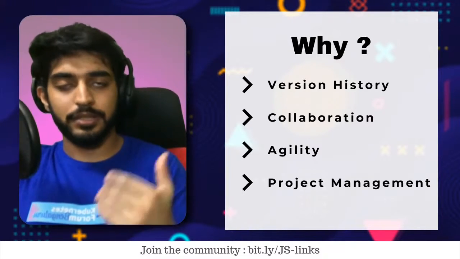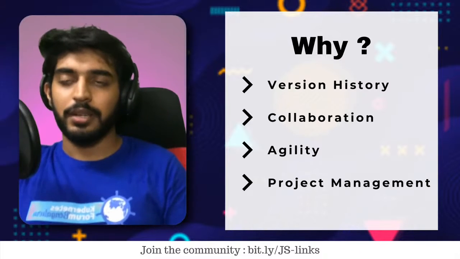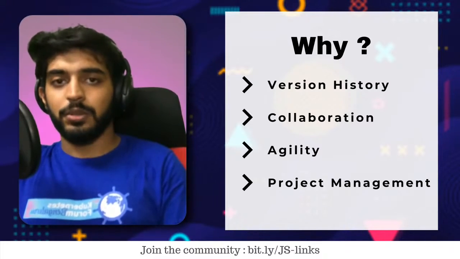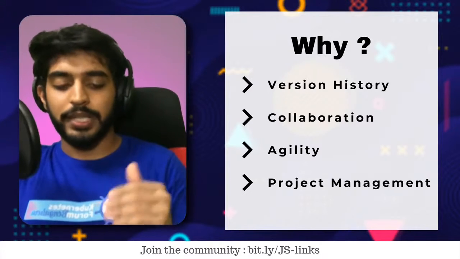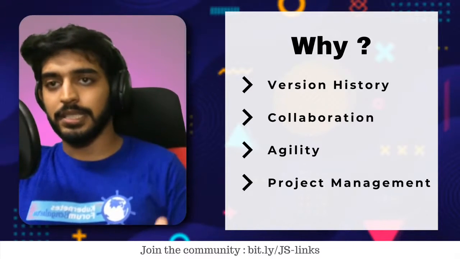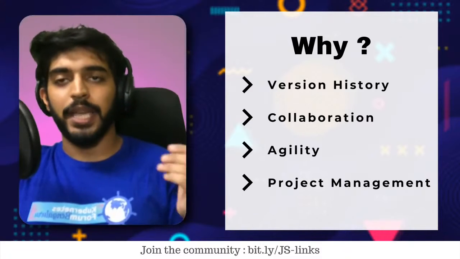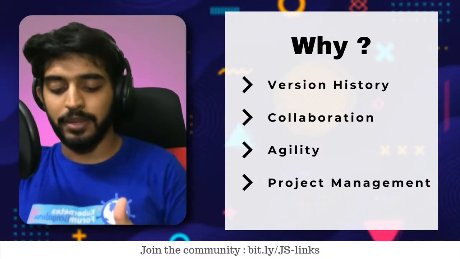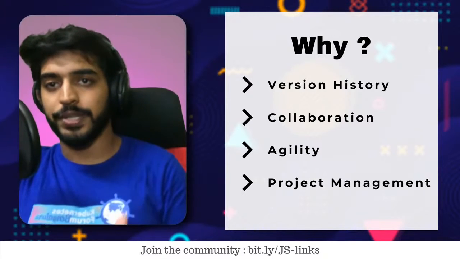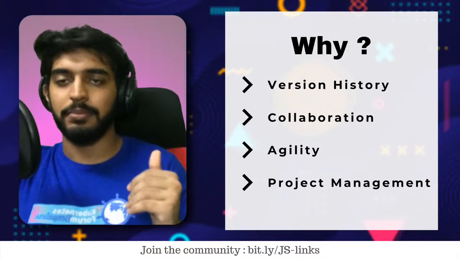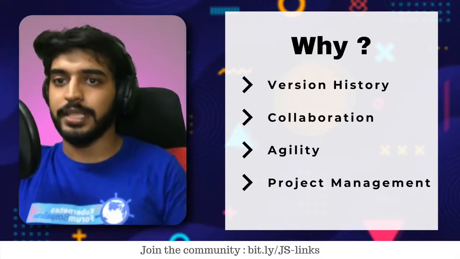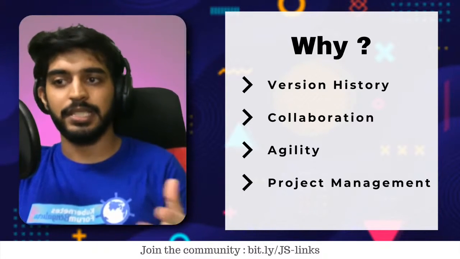The person who brings it to market first wins. Sorry, I misspoke there. So it's all about getting it to production first. So that is agility. So Git and GitHub enable agility. It makes your workflow more efficient, so that you have a very agile production cycle, and you don't waste a lot of time with unnecessary debugging and things as such.